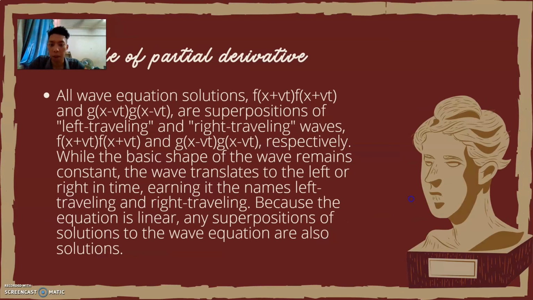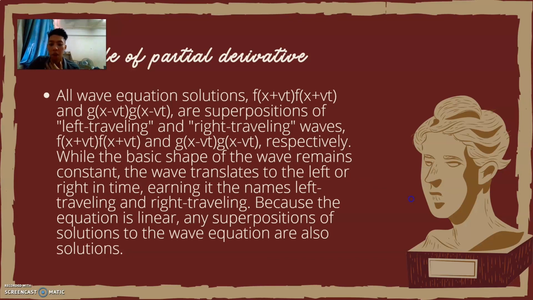Moving on to the example of partial derivative in wave equation. All wave equation solutions are written as f(x plus vt) and g(x minus vt), which are superpositions of left traveling and right traveling waves respectively.